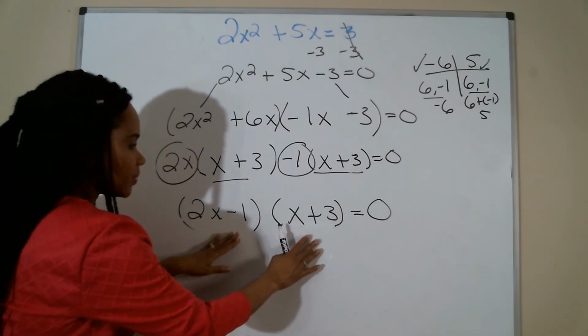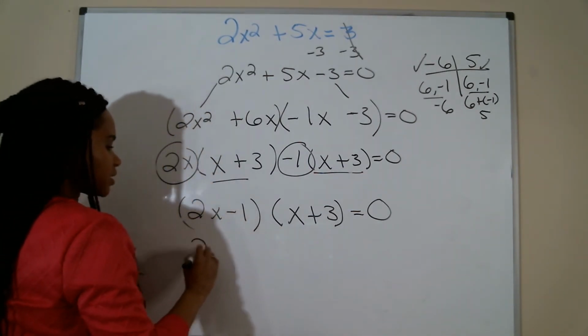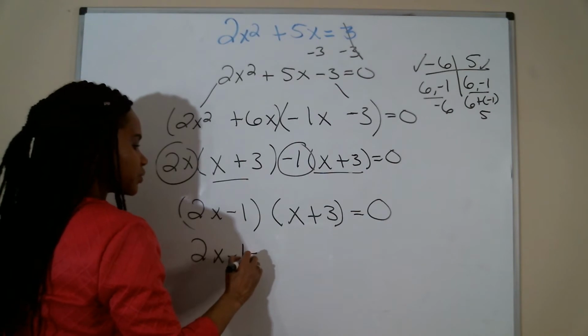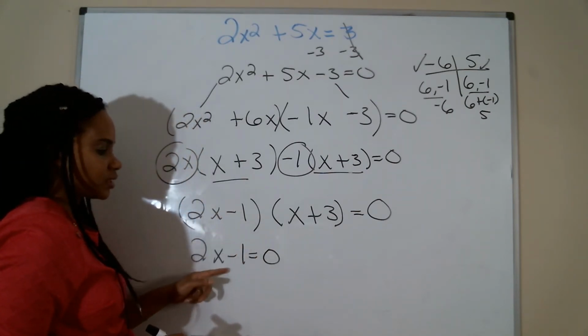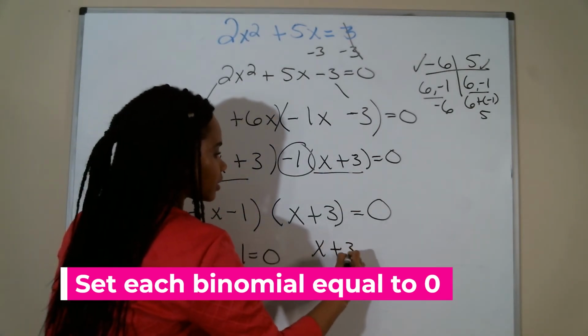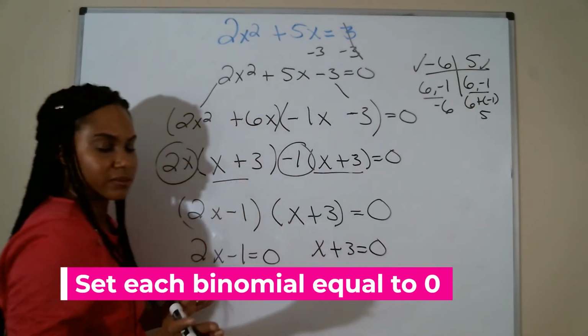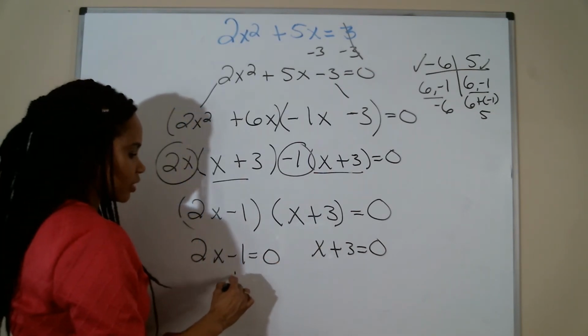The only added piece here is using my zero product property by setting each one of my binomials equal to 0 and solving. So I'm going to take the 2x minus 1, set that equal to 0, and the x plus 3, and set that equal to 0. Then I just have a two-step equation. I'm going to solve for x.